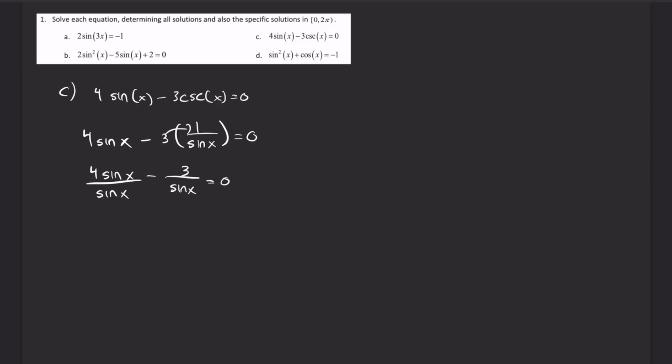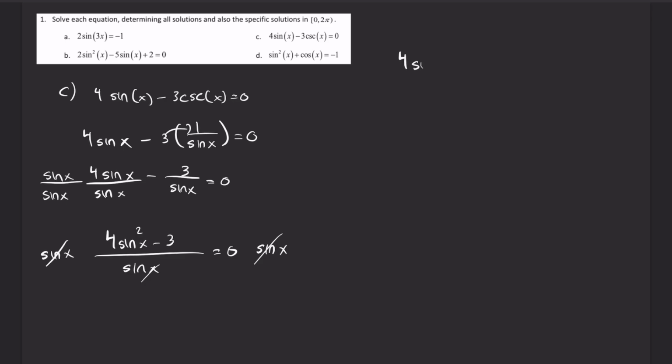So if we multiply the top and the bottom by sine x, we'll get 4 sine squared x minus 3 all over sine x equals 0. Now let's cancel this sine at the bottom by multiplying by sine, and we have to do this to this side also, but since it's 0, it'll just be 0. So now we have 4 sine squared x minus 3 equals 0.